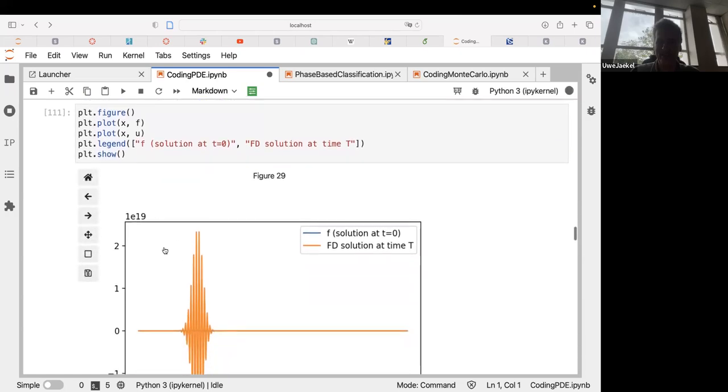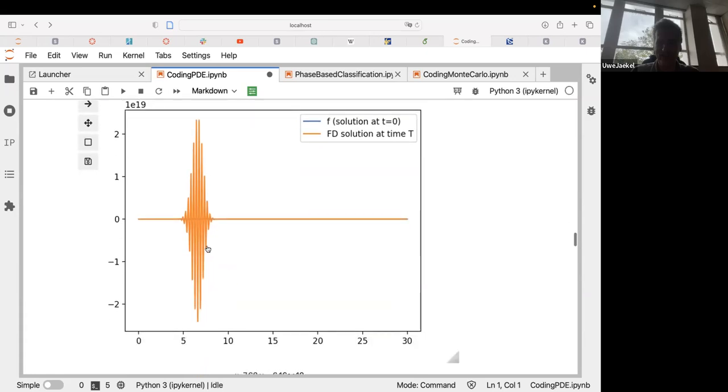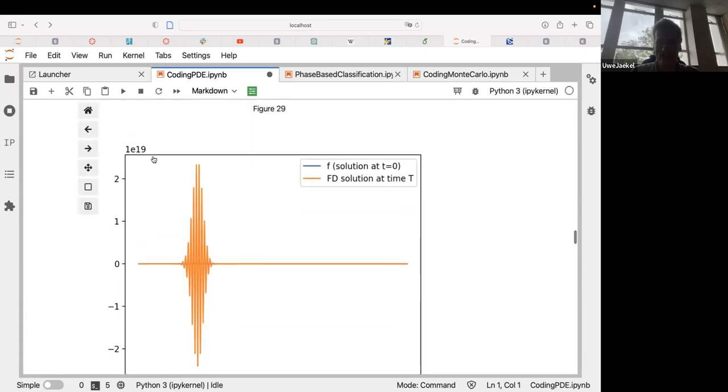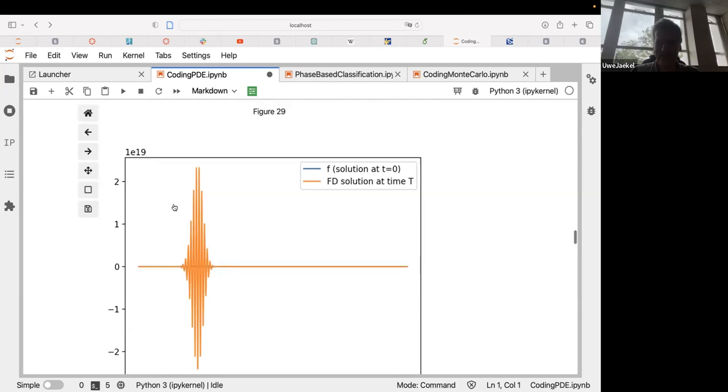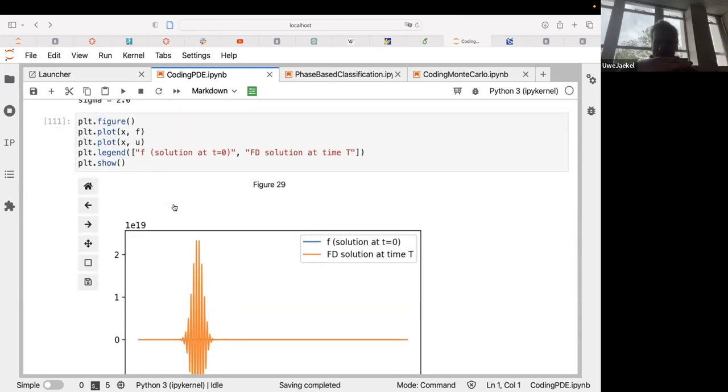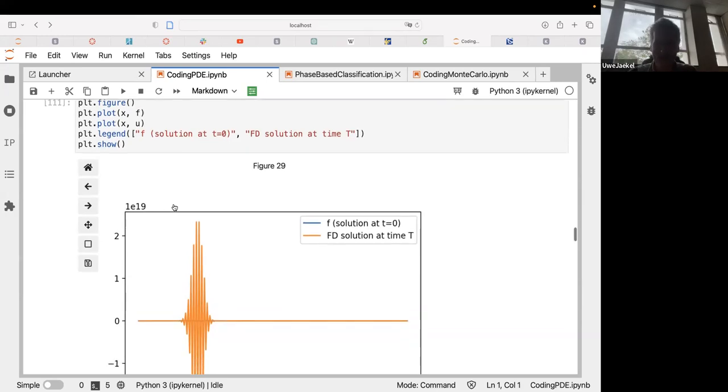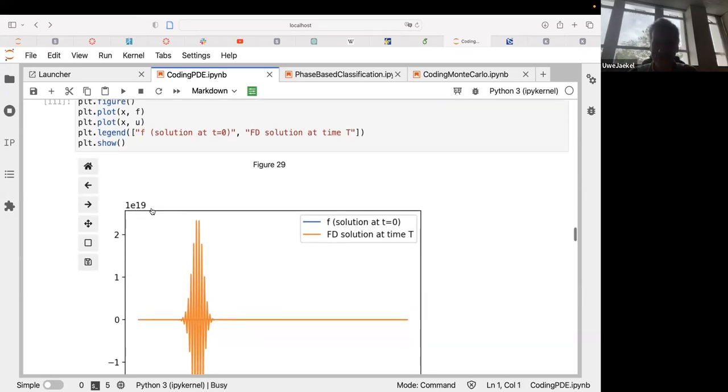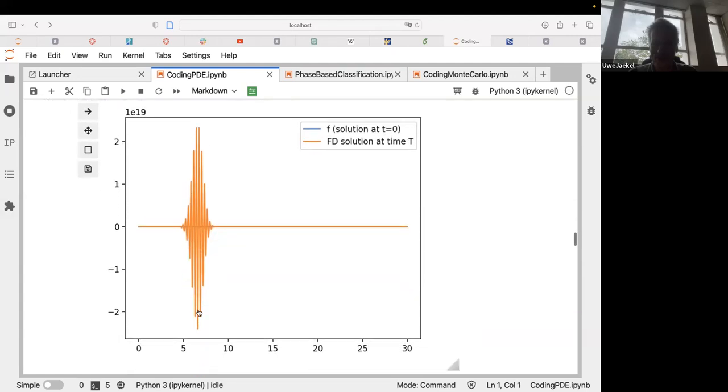And you see, it's not harmless. The solution is wildly fluctuating, and remember, the solution was between 0 and 1, and now the values are more than 2 times 10 to the power of 19, or minus 2 times 10 to the power of 19.